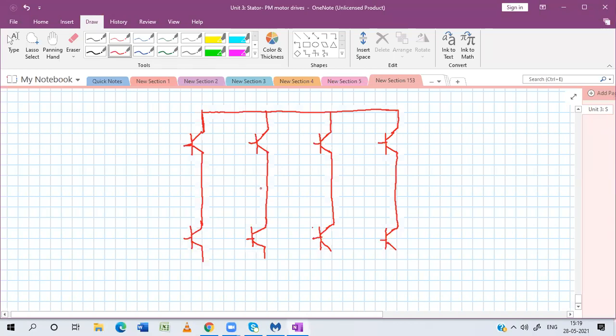Now from this center we are connecting to the phases, meaning the windings.